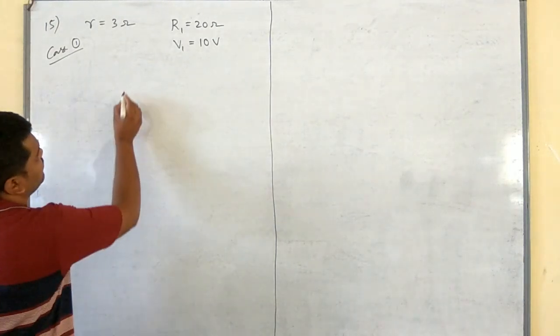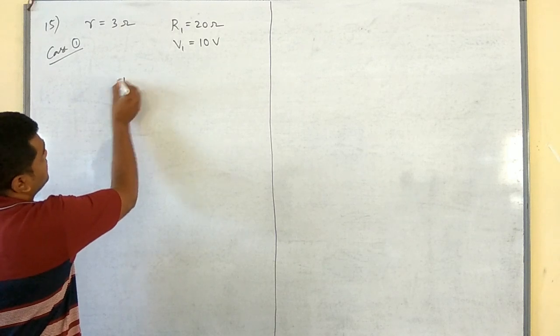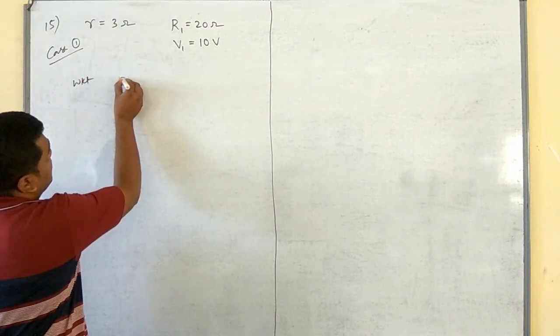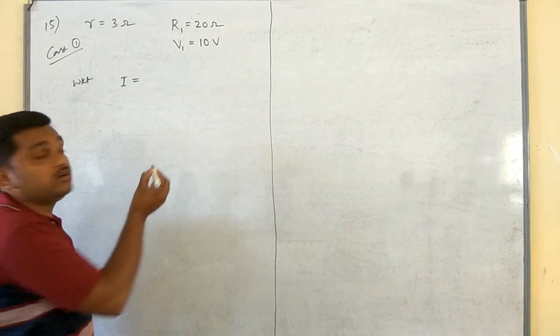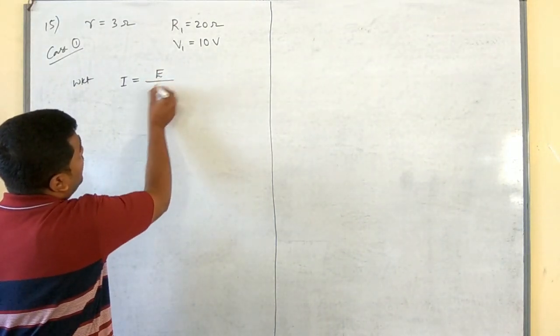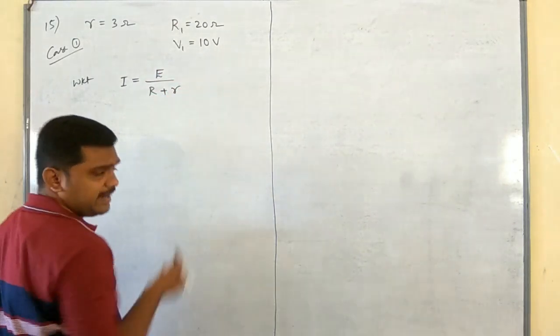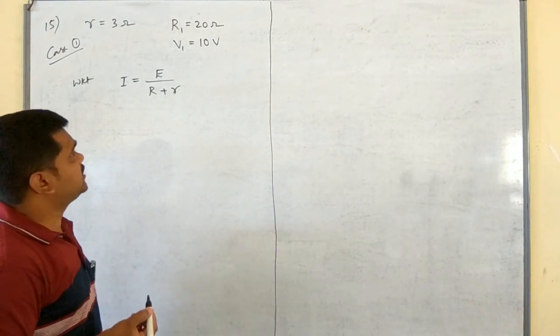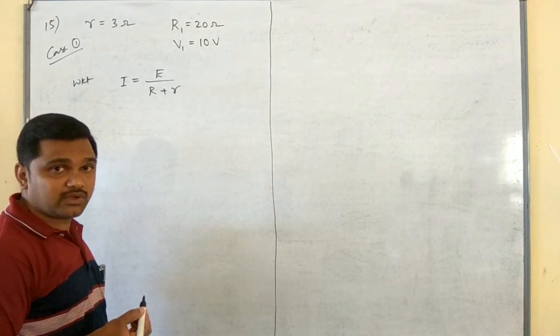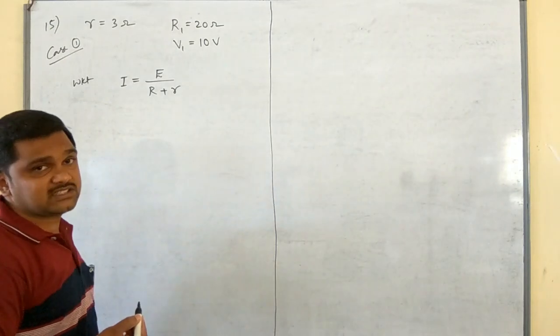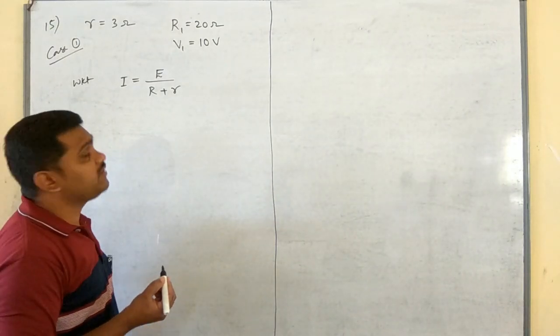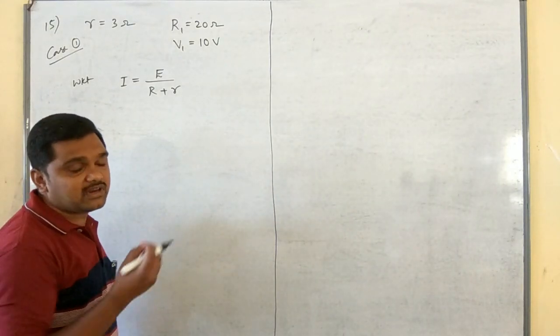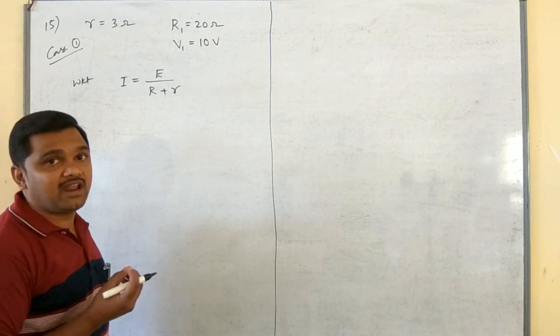Which formula do we have? We know that the current I is equal to E divided by R plus r, isn't it? That is the expression for current flowing through the circuit containing an external resistance R and a cell of EMF E, which will offer an internal resistance of small r.